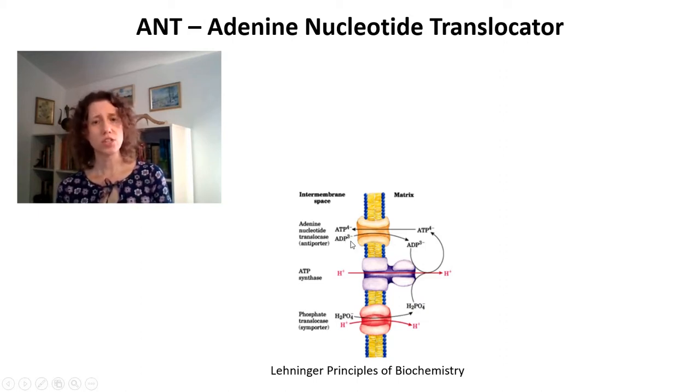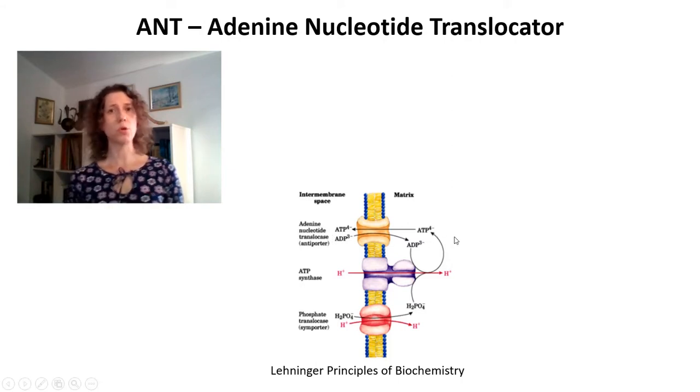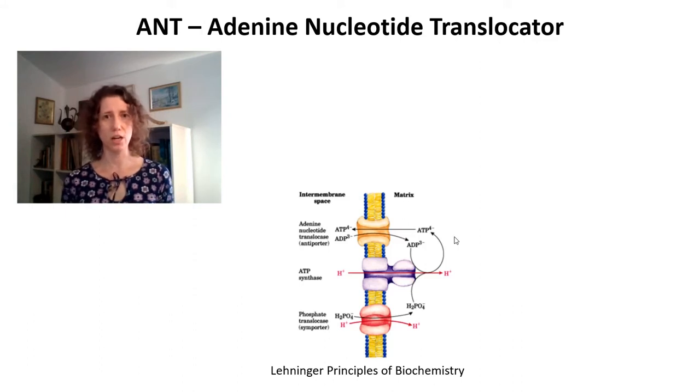The result of the exchange of ADP with 3 negative charges for ATP with 4 negative charges is the net uptake of a positive charge. It's equivalent to throwing a negative charge into the intermembrane space or taking up a positive charge into the matrix. So this is an electrogenic import, and therefore it's favorable in the presence of the inner mitochondrial membrane potential.